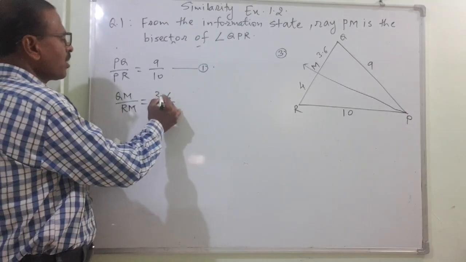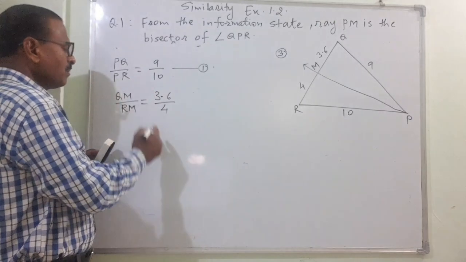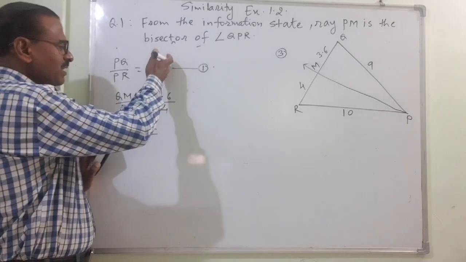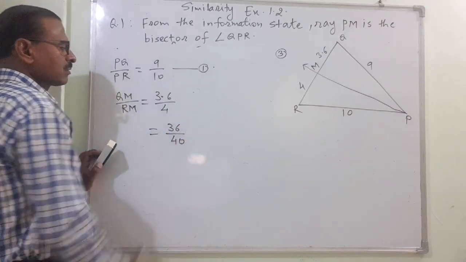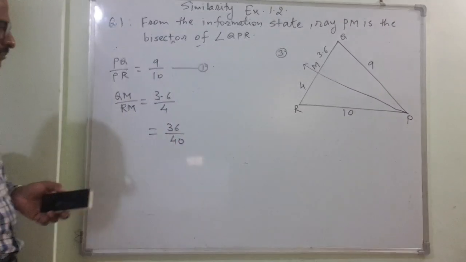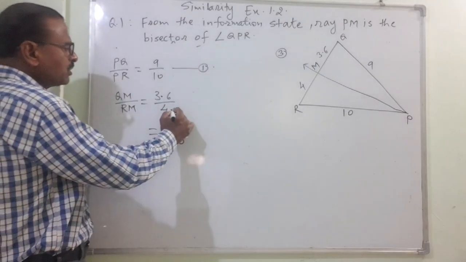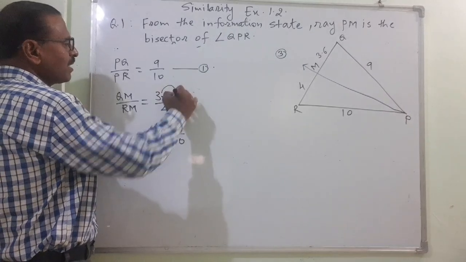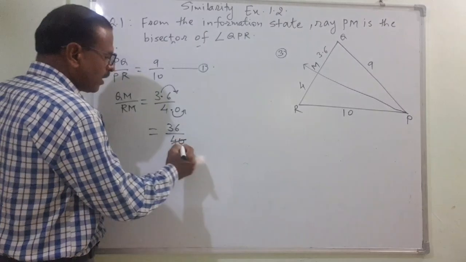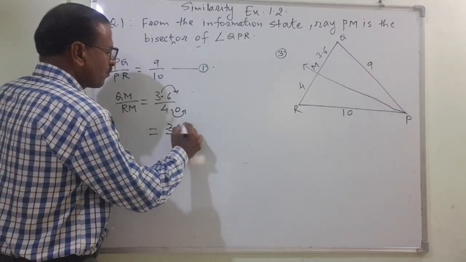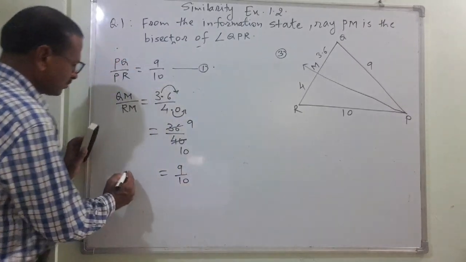But in the numerator not needed. As it is, I can divide it. But for convenience that there is no decimal in this, I will make it 36 upon 40. See this? Here it is like this, 4.0. Shift the decimal. So 36 upon 40, 4 10s are 40, 4 9s are 36, and this is equal to 9 upon 10.